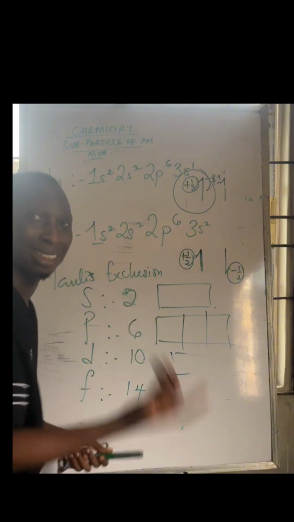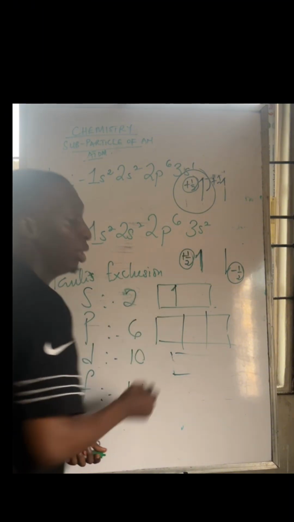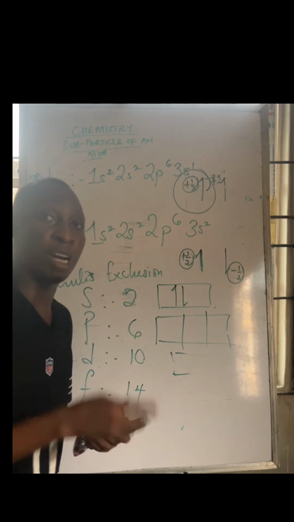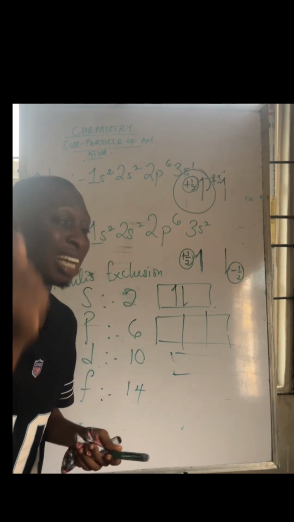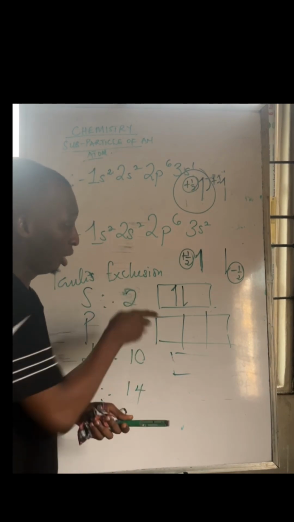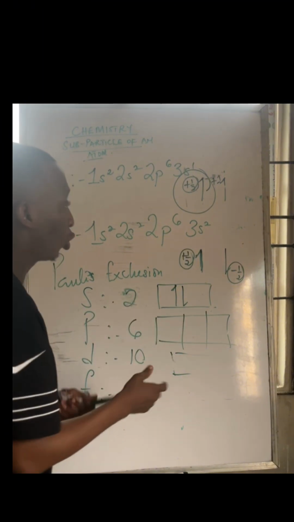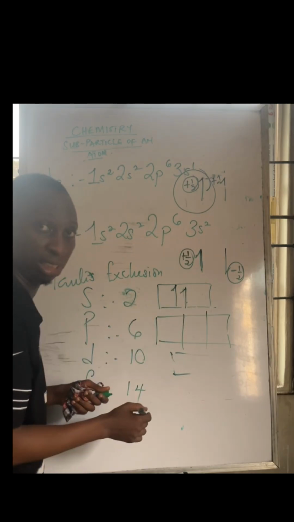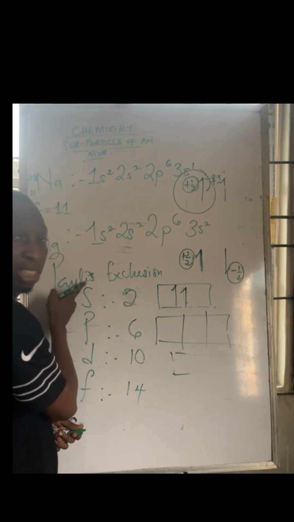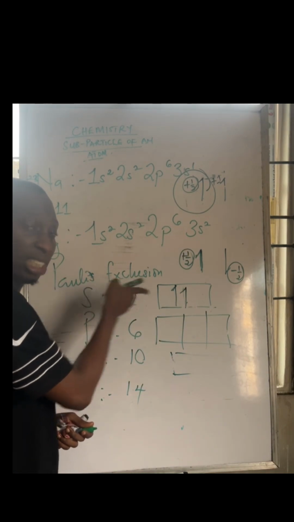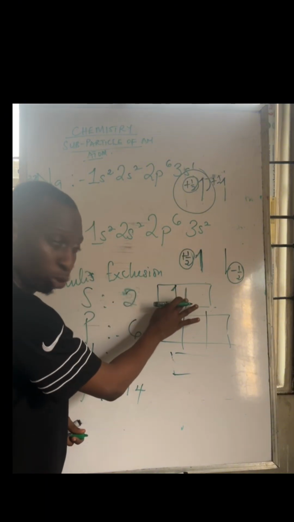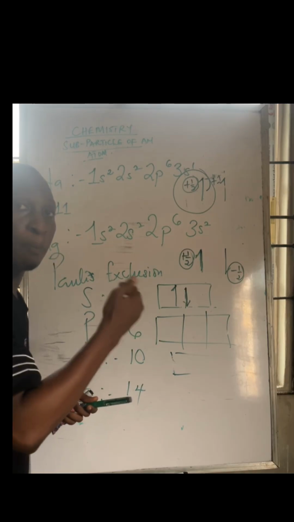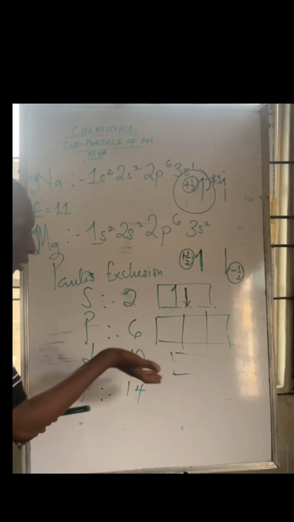That's what Pauli's is saying: if you have one spin in this manner, then the other spin must be of an opposite value. They must not have the same value. That's the rule. So it is impossible for you to have something like this and still have something like this, because automatically you are disobeying this principle. They are having the same value, which is not supposed to be. So definitely you are supposed to have something like this, so they have opposite values. Simple. Now that is that.